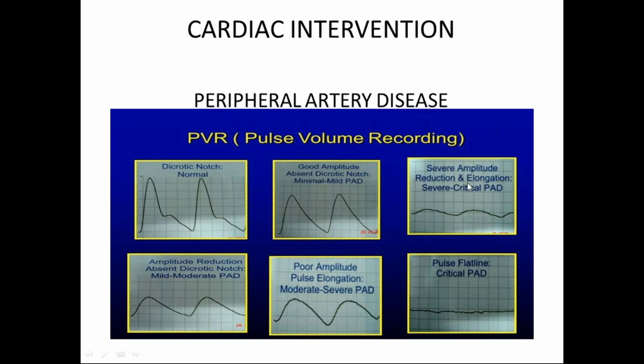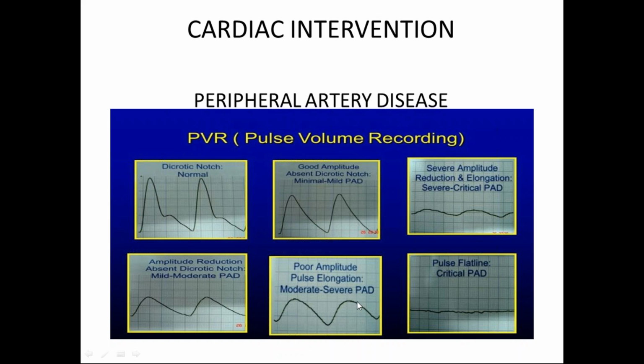And then with severe disease, you have a reduction in the amplitude, and then everything is sort of flat. Look at the upstroke, look at the downstroke, and so these are varying degrees of abnormality.